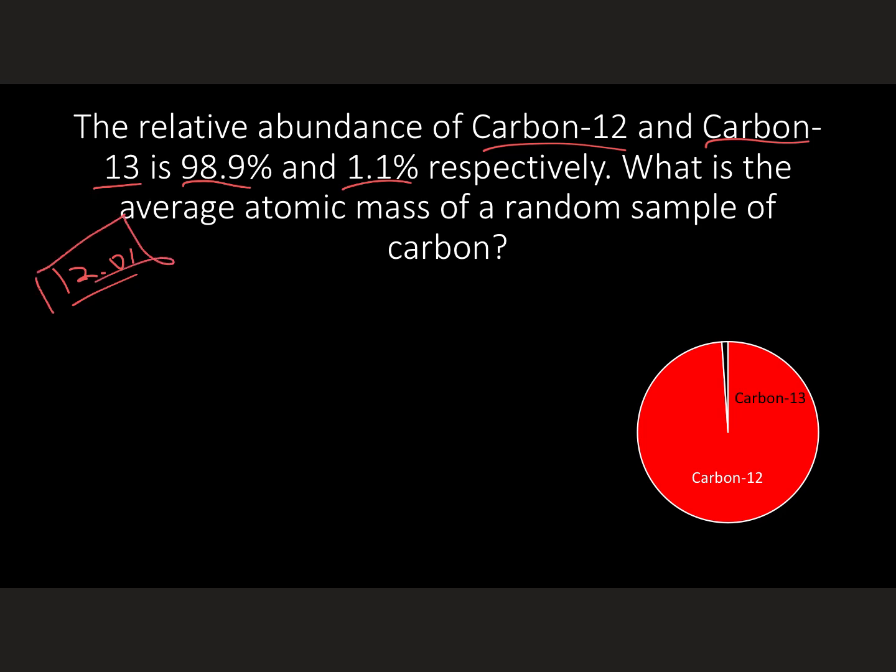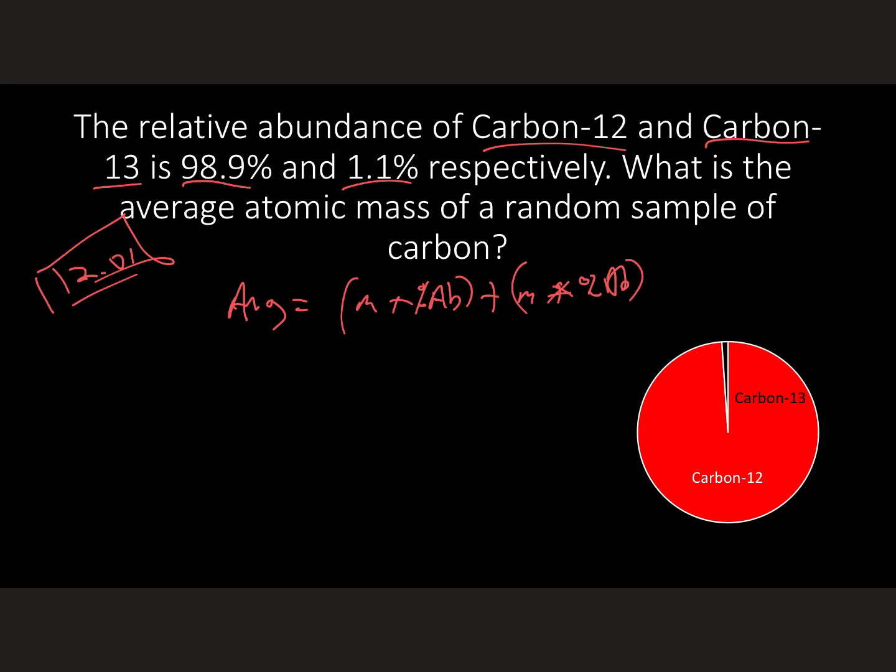So here we're just working on average atomic mass, which is essentially the mass times the percent abundance plus the next mass times its percent abundance.